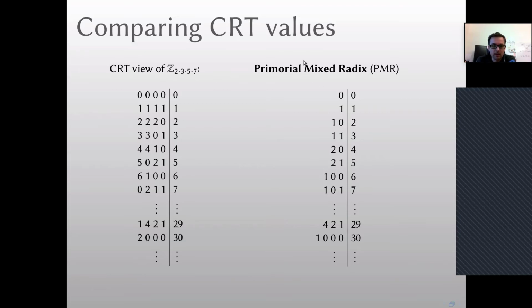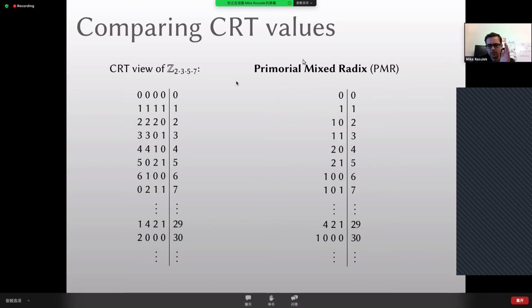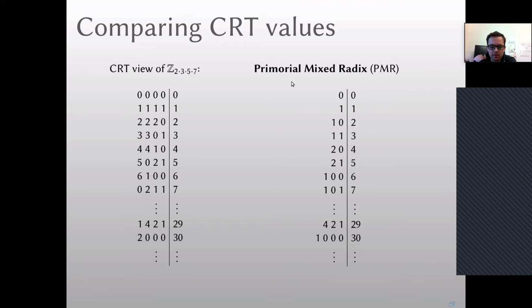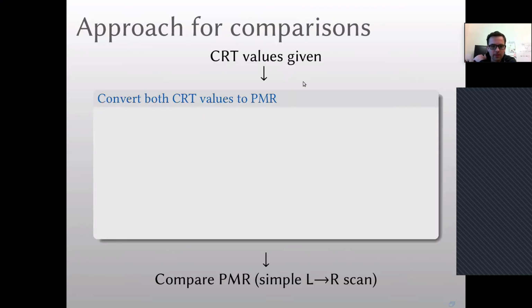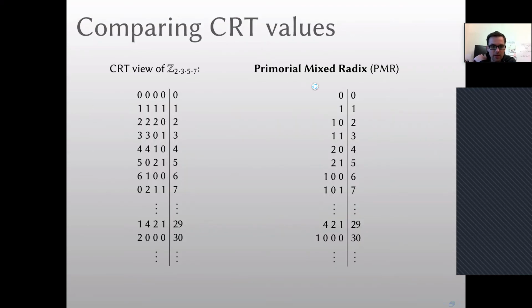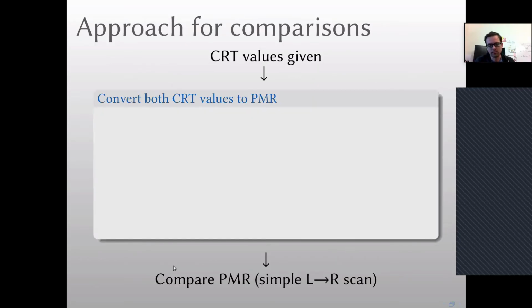Mixed radix means it's not like a tens digit, 100s, 1000s digit; it's mixed, with different possibilities in the different digits, and primordial because it's the product of the first few primes. If we had numbers represented in this primordial mixed radix form, then it's easy to compare them.